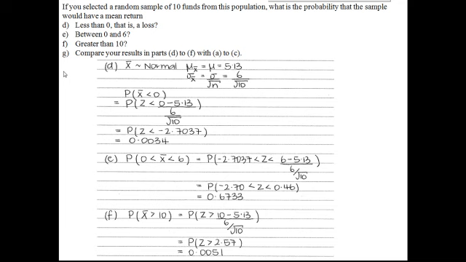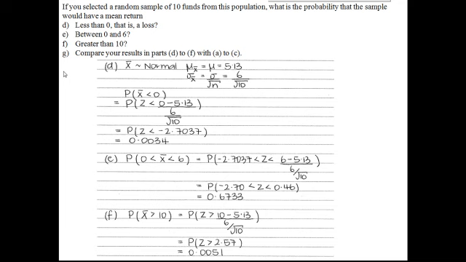Now E and F are pretty much the same technique. We want to find probabilities relating to x bar, the sample mean, and to do that we have to convert to z. So let's look at E. E is the probability that x bar is between 0 and 6.